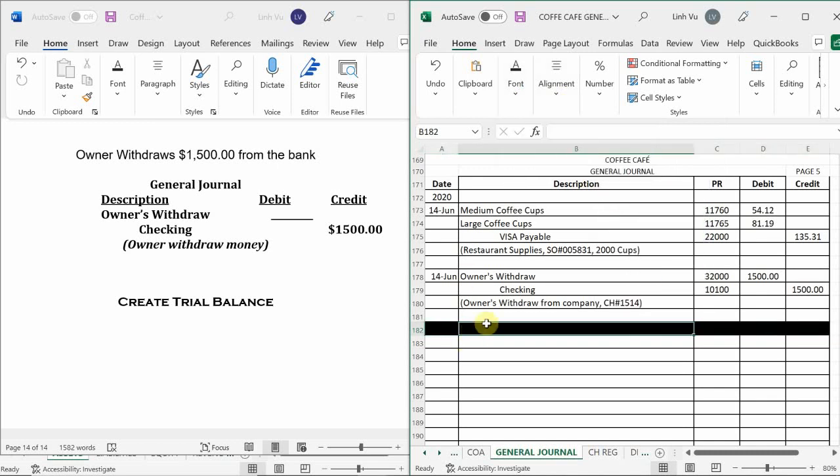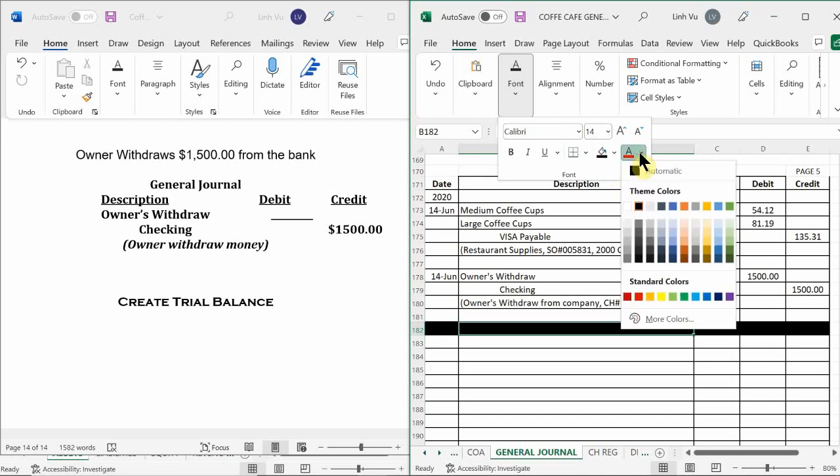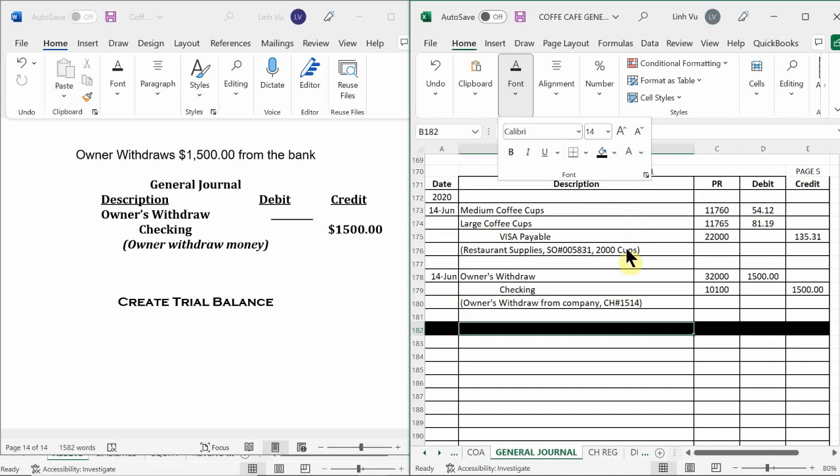This will help me identify where my transactions are, especially now that I finished the second week of Coffee Cafe. That means I can tell the difference between my second week's transactions versus my first week's transactions, right? That's my way to be able to search up my transactions much more quickly.